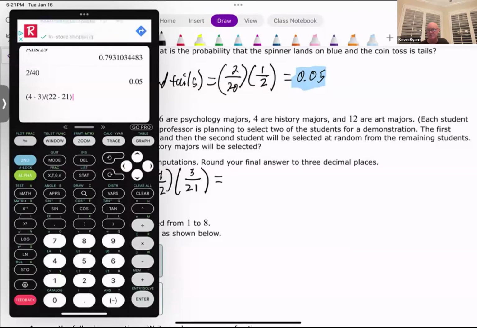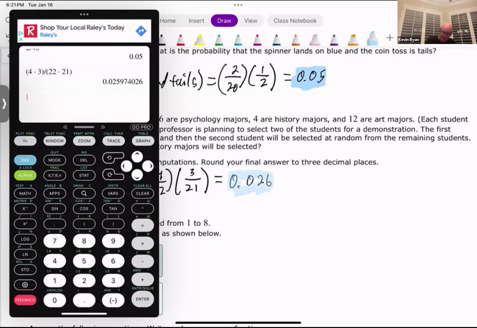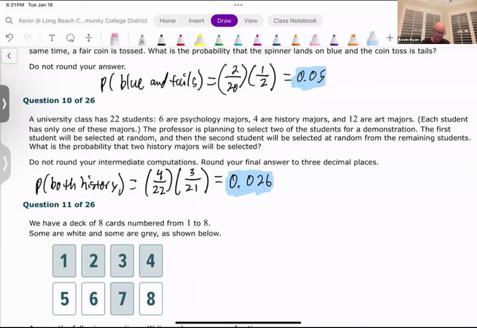Be sure to use your parentheses, be extra careful. So let's round it to 3 decimal places. Here we are. All right. Yeah, and so it continues to go down because we're not replacing.